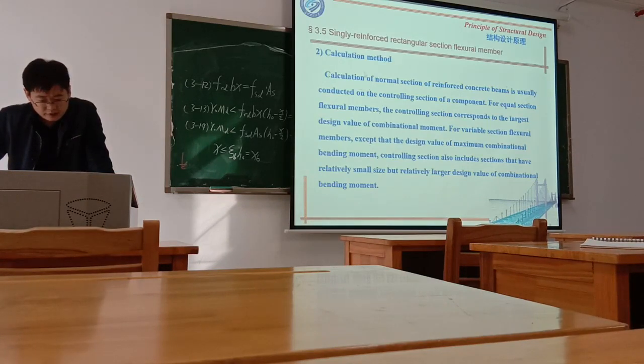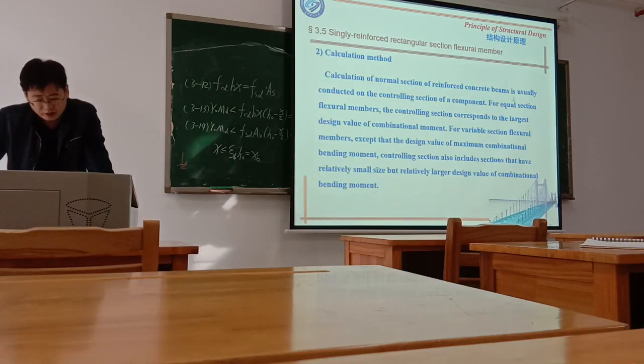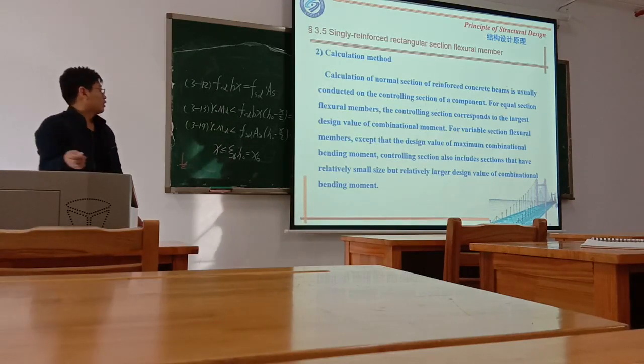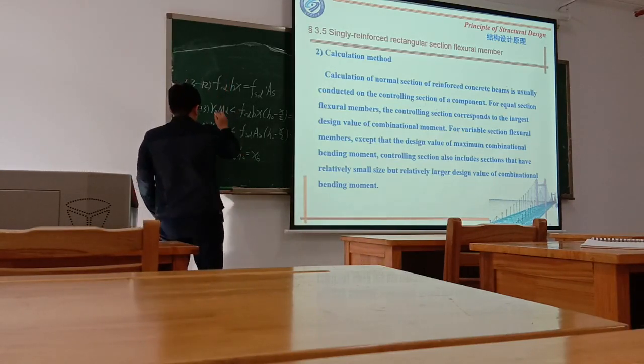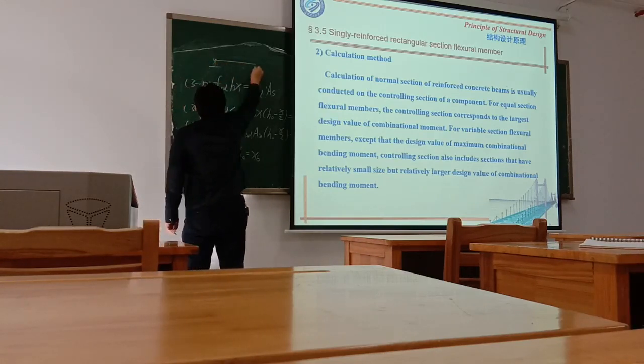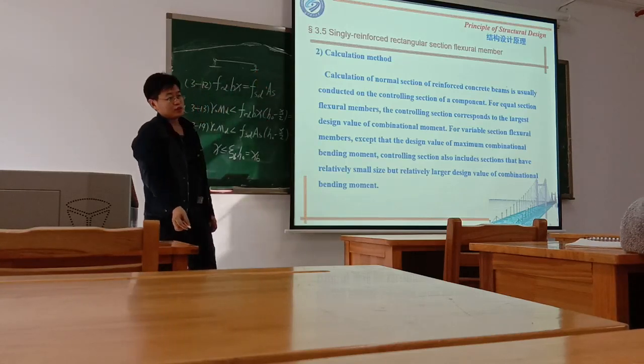The calculation method: the calculation of the normal section of the reinforced concrete beam is usually conducted on the control section of the component. What's the meaning of the control section? For a simply supported beam, which section is the control section?